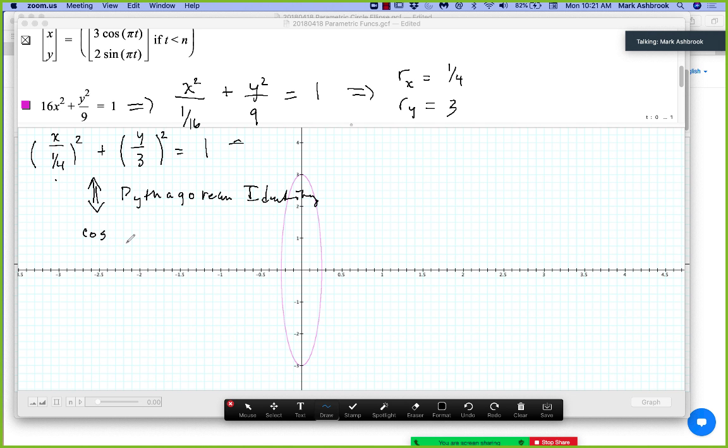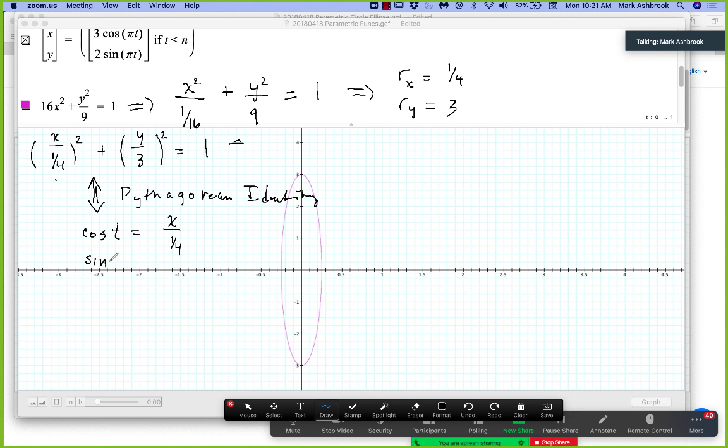And then I can choose my argument too. I could simply say cosine t equals x over 1/4 and sine t equals y over 3.